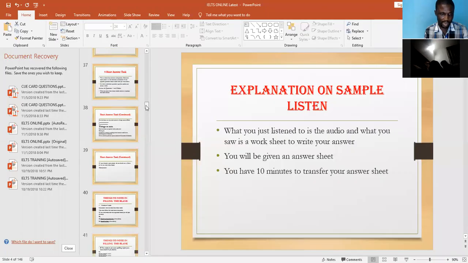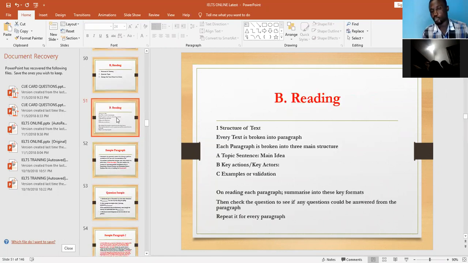Yes, I'm there now. Can you see the slide? Hello? Are you able to see the slide?